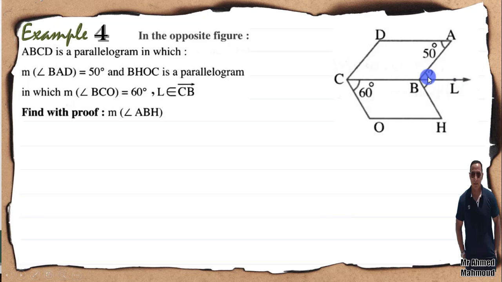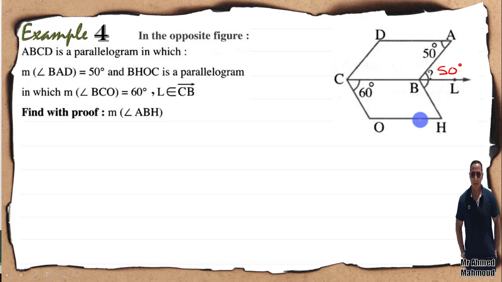Now by using the first parallelogram ABCD, I have Z shape as you see, so I'm going to reflect angle 50 from here to here. Alternate angles, so this equals 50 degrees.